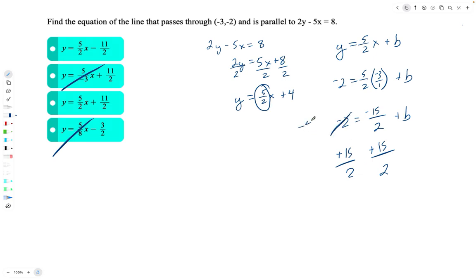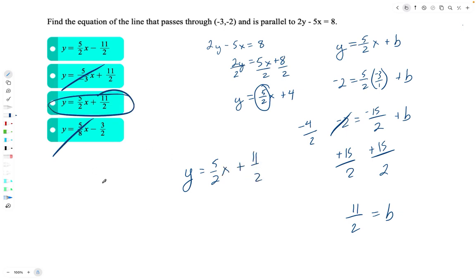So it's going to be negative 4 over 2. Negative 4, positive 15, that's going to be a positive 11 over 2 is equal to b. So this would go right back where the b is. So y is equal to 5 over 2x, and it's a positive 11 over 2. So it's going to be this one right here.